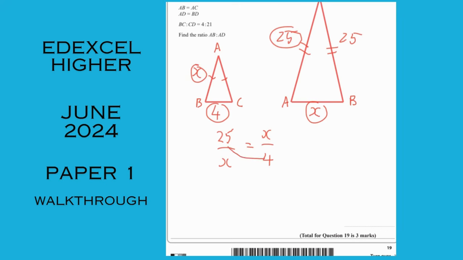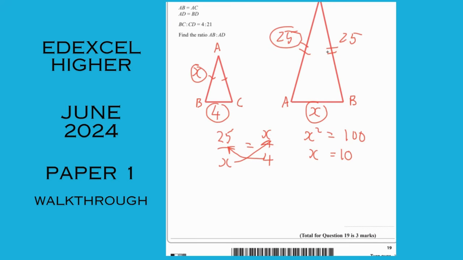Now if we times both sides by 4, times both sides by x, we get x squared is 100, and square rooting both sides gives us 10. Because we're dealing in lengths here, we obviously ignore the negative 10.